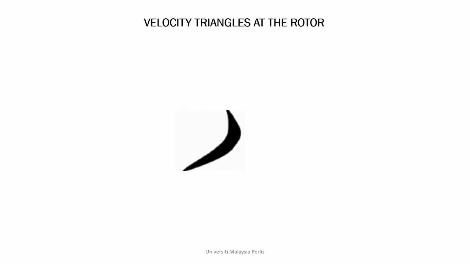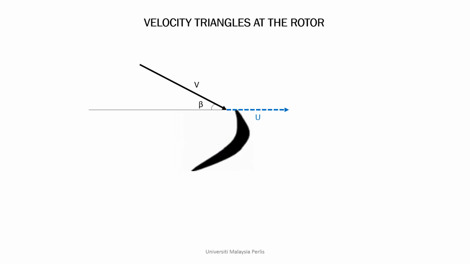Now we focus only on the rotor or the blade. Steam with velocity v will enter a stationary blade at a certain angle. The blade is also moving in the direction represented by the blue arrow with velocity u. Because of that, if the steam nozzle is set at angle beta, steam will not enter the blade at the desired angle.